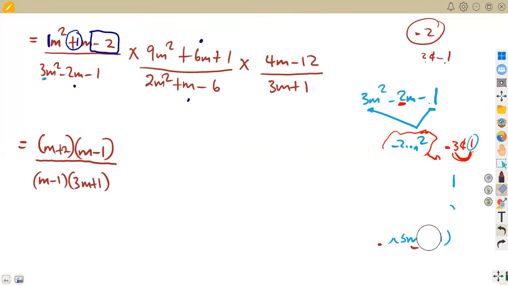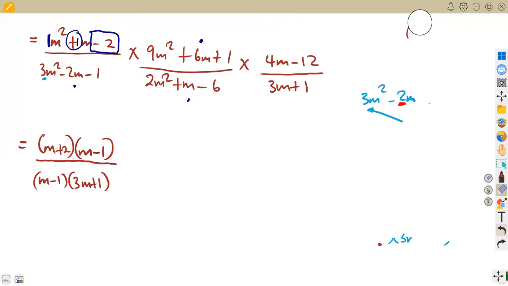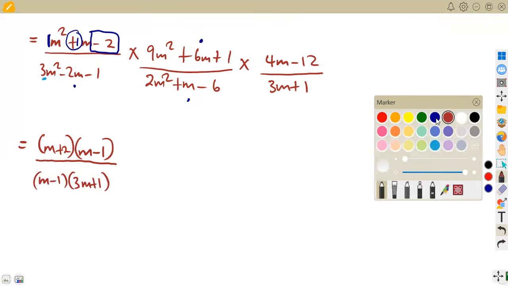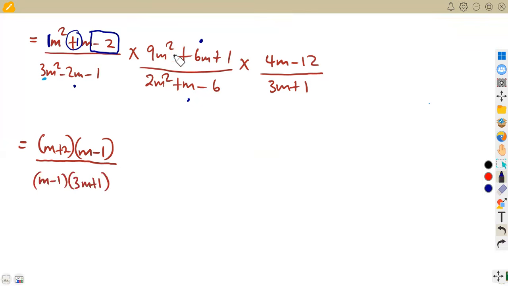All right, so let's check the other part, which is the major part that I wanted us to check here. On this part, you can even use that same concept: you multiply 9m squared plus 6m plus 1 like this. Let's just do the longer way, then I will explain the shorter part. If you multiply the first term and last term, you get 9m squared.